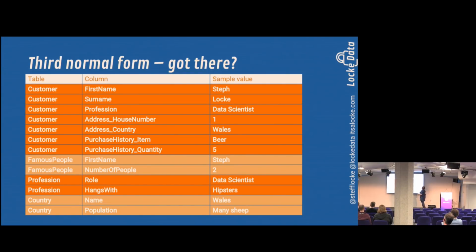Third normal form has no conditional dependencies. So the population of a country was not dependent on the key, but it was dependent on another part of the table. So we split that out into its own table, and now technically we have third normal form.